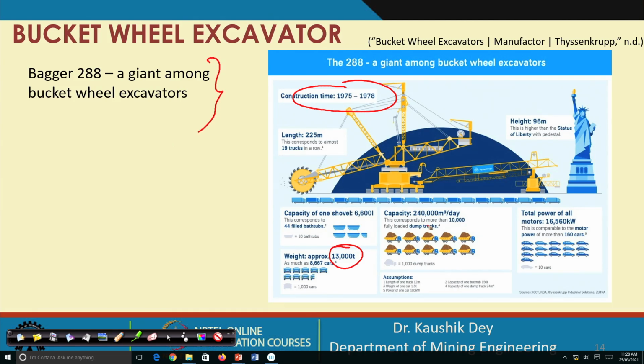Its capacity can rise to 2 lakh meter cube per day, and it has a boom length of 225 meter and a height of 96 meter, and it was manufactured in the year 1975. That is why these machines are very highly productive, and these are costly also.